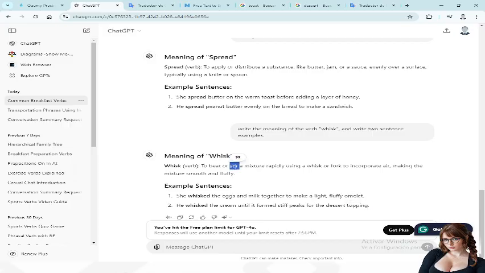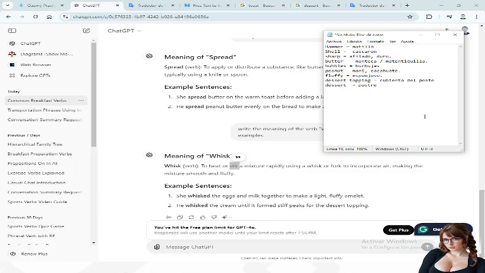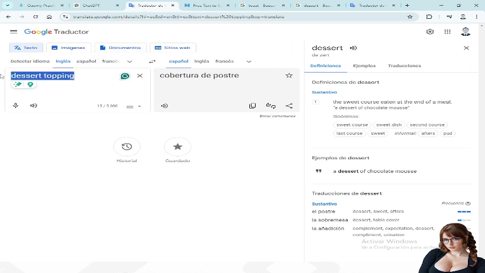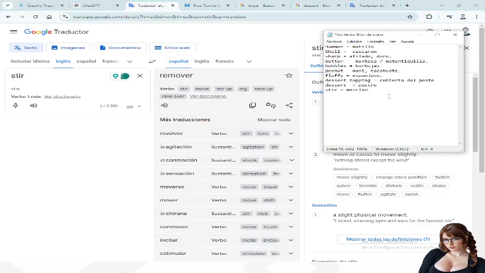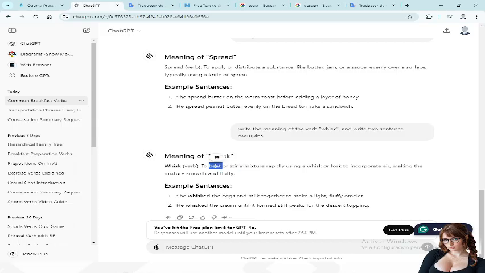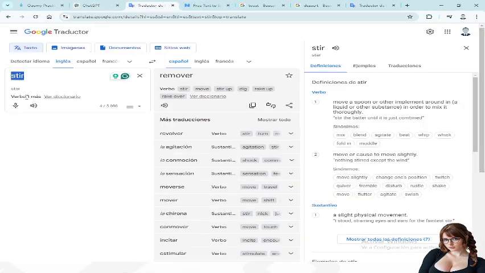Remember that stir is another verb that we can use. Stir is similar, but this is the correct word that we should use when we are talking about the verb stir or beat. I think that beat is really easy to understand.